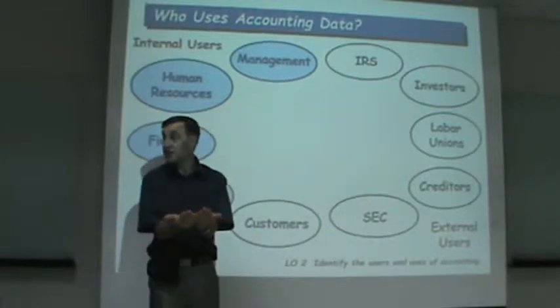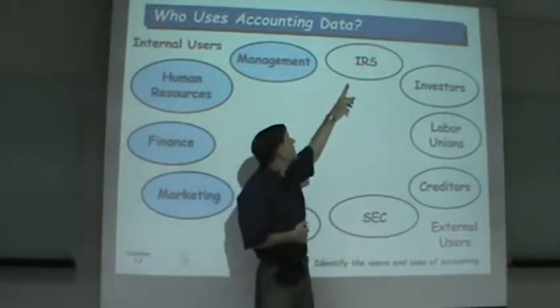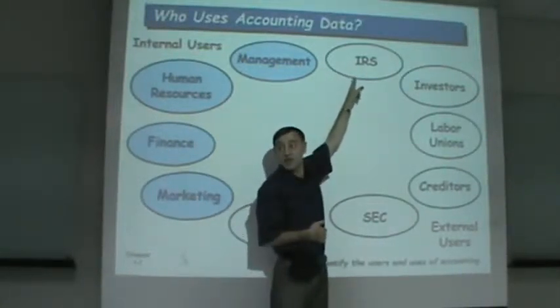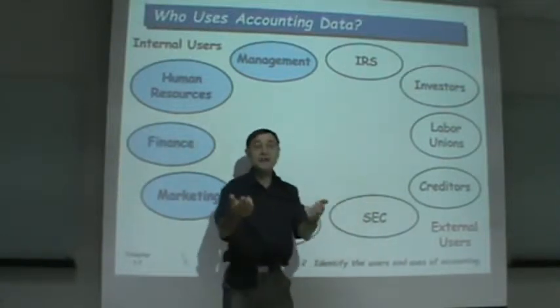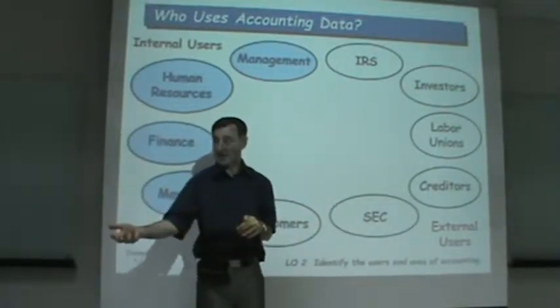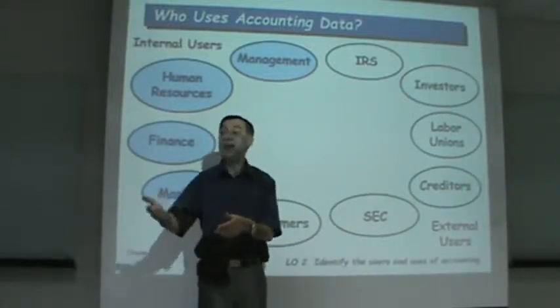What is the profit this year, okay? And to determine the taxes. So one of the major external users is the government wanting to tax the business, because the business runs for profit and usually has to pay taxes.